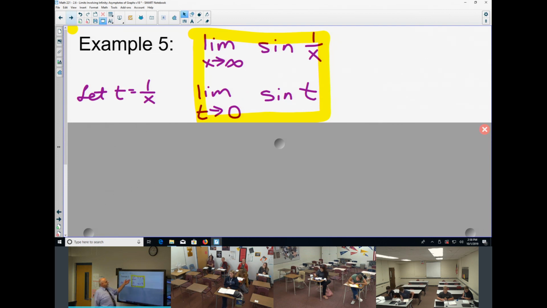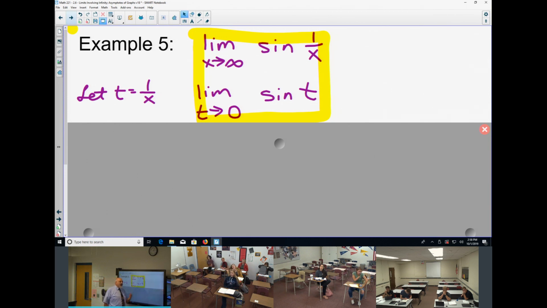So let's say if we had the limit as x approaches infinity of the sine of 1 over x, then that's the same thing as if you say t is the reciprocal of x, then you can take the reciprocal of that, and then as x approaches infinity, that's the same thing as t approaching 0.